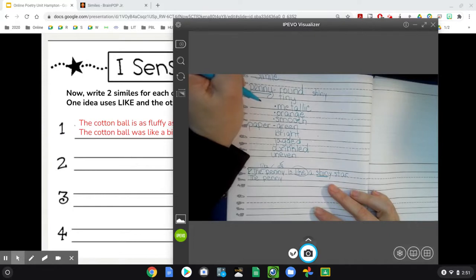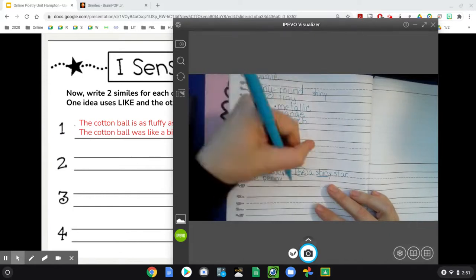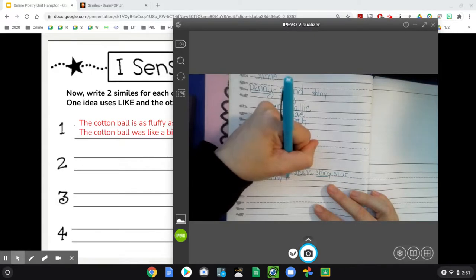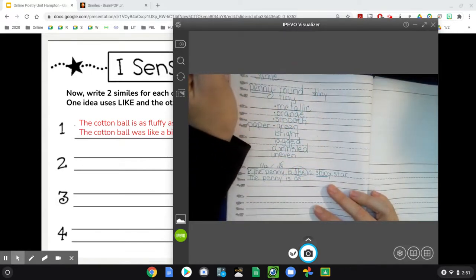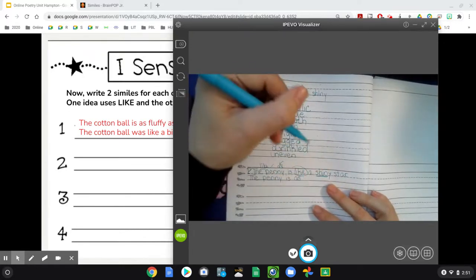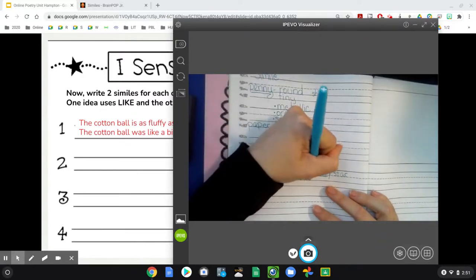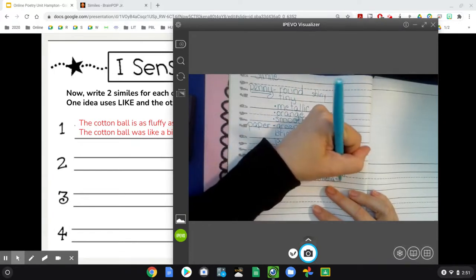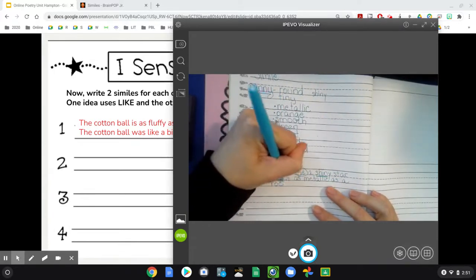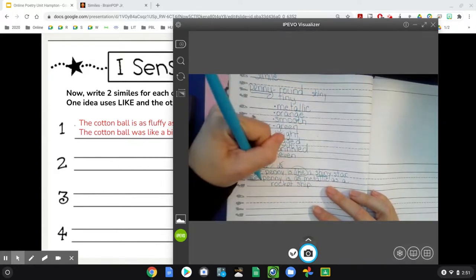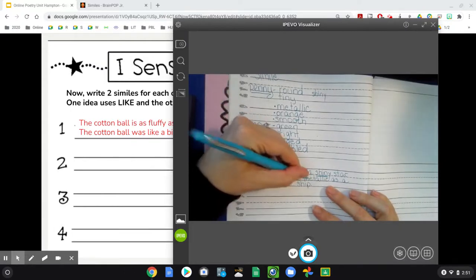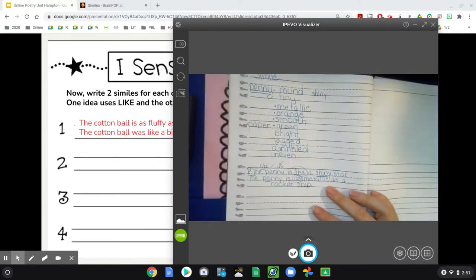Okay, the penny is as metallic, and metallic kind of means like shiny and bright, kind of a metal-y color. So the penny is as metallic as a rocket ship. Okay, so again, I used my penny, I used my descriptive word, and I used as in my second sentence.